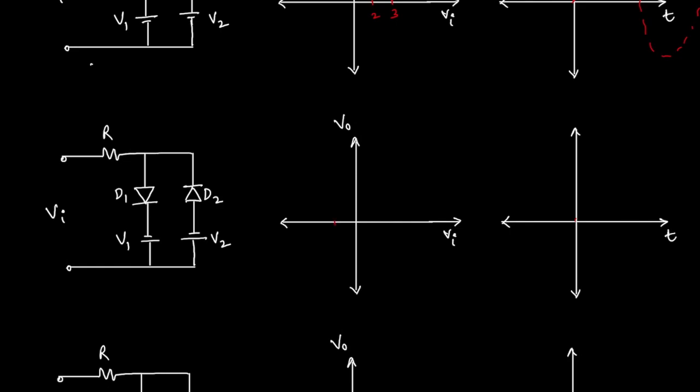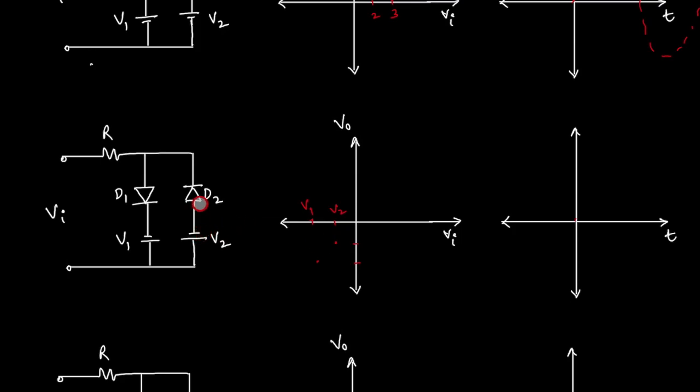So both are negative. This is V2, 2 volts, and this is V1, 3 volts. So both negative, right? So this is minus 2 and this is minus 3. So it will be in between, correct? This is V2.